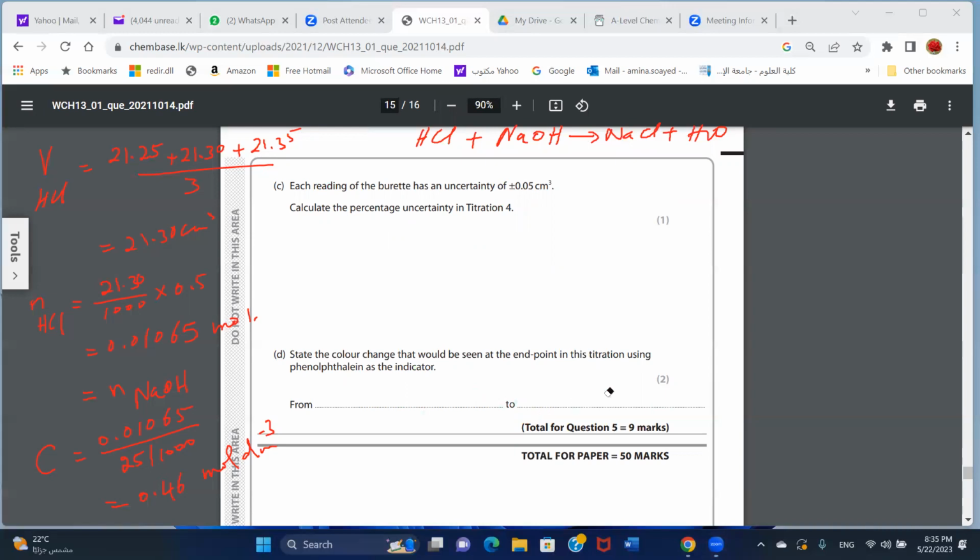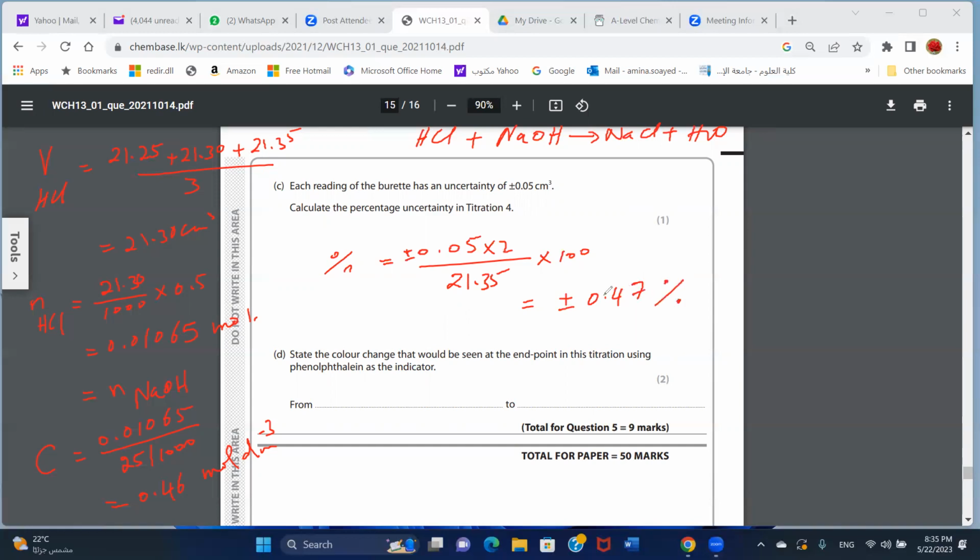So it will be 0.05, multiply by 2, over 21.35, multiply by 100. Did you get an answer? It will be 0.47% plus minus, of course.